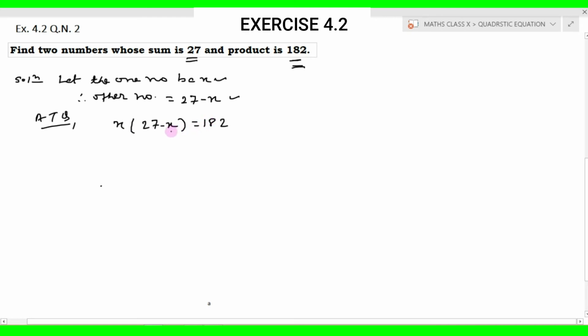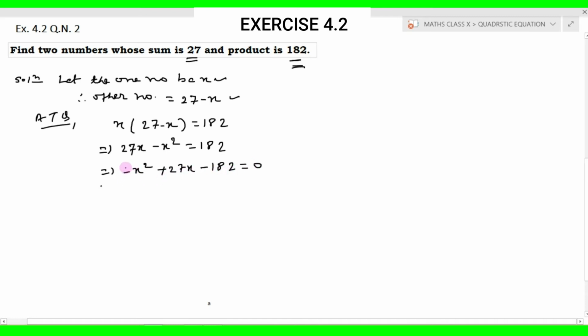Thereafter, the next step: bring this equation in standard form. If you remove the bracket, it will become 27x - x² = 182. Then we'll get -x² + 27x - 182 = 0.